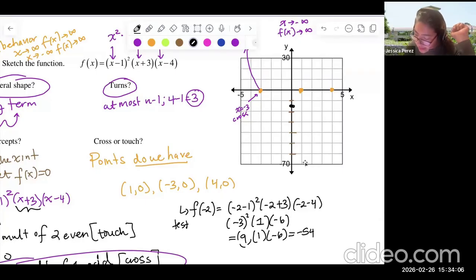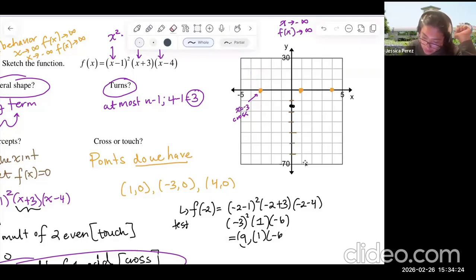But remember, this is negative 10, negative 20, negative 30, negative 40, negative 50, negative 54. So around down here. So if we graph at negative 2, down 54, it's coming from here. We'll have a turning point. We are going to cross here, so we're going to have this beautiful shape.